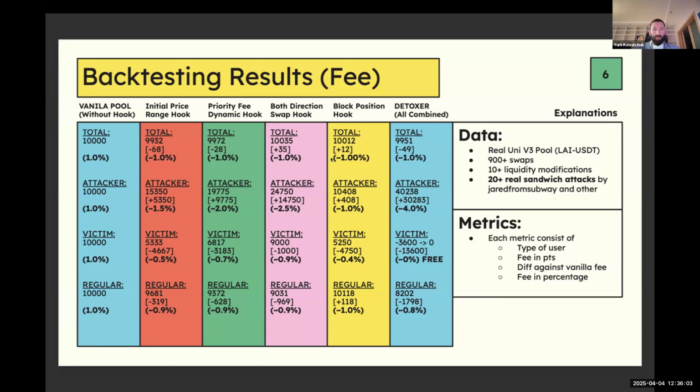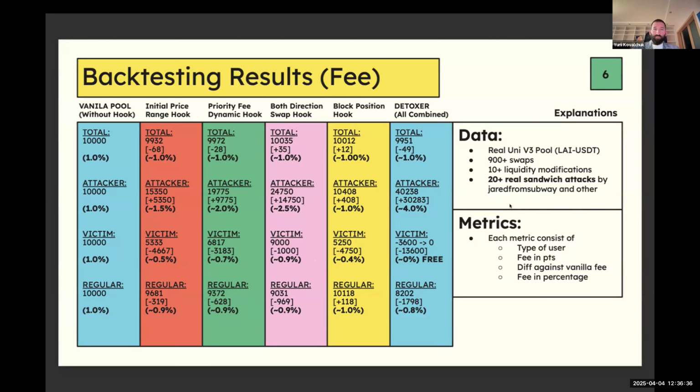As you can see, in total each of the hooks still has a 1% fee, but attackers always have a higher fee, victims always have a lower fee, and regular users, who don't participate in sandwich activity, neither as attacker nor victim, have a lower fee, which will attract more users to these pools and make them interact more with such pools, and LPs will be happy as well.